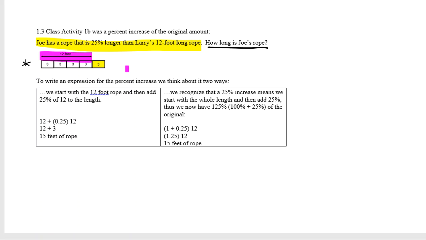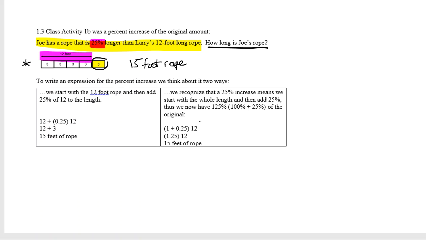It's going to be longer, and the amount that it's going to be longer is 25%. Okay? So we know that 25% of 12 was 3. And so if Joe's rope is 25% longer than Larry's rope, we have to take the 12 feet and add 3, and that will end up giving us a 15-foot rope. So that's our situation.